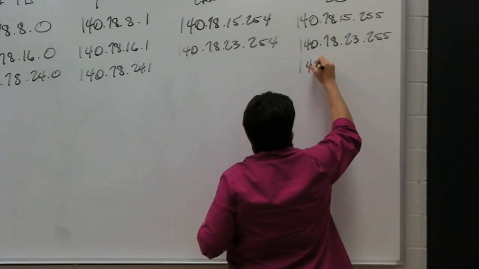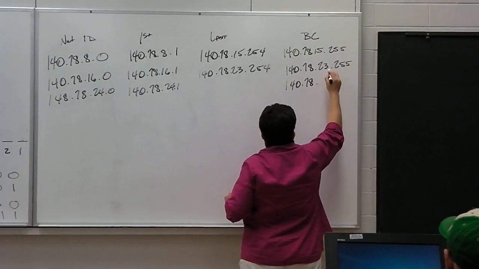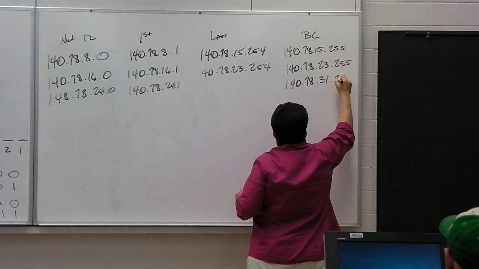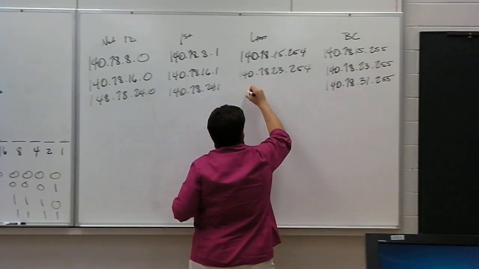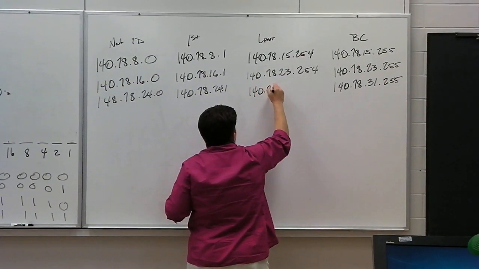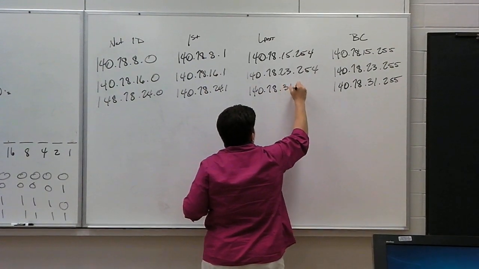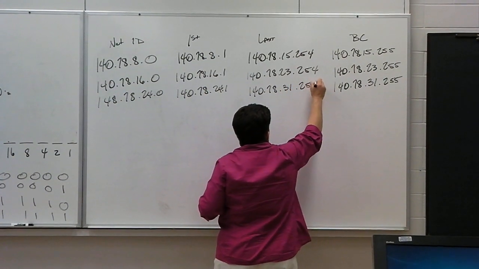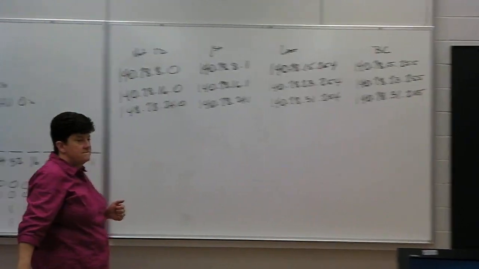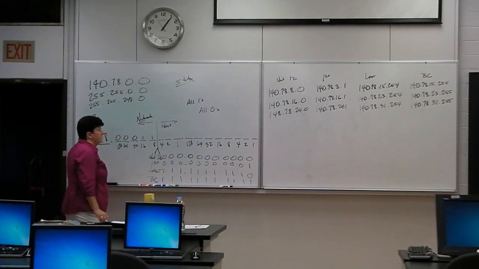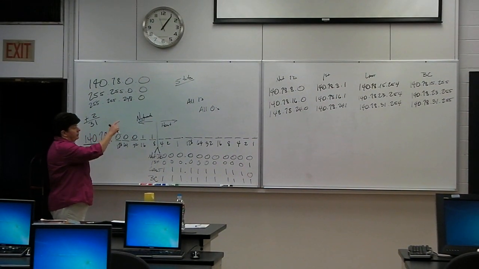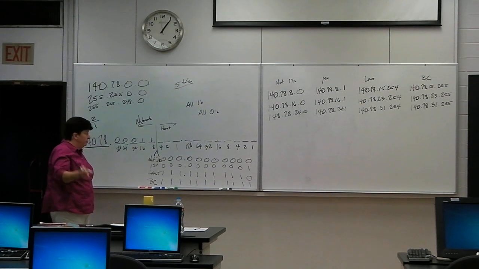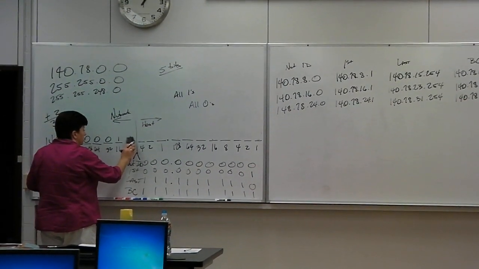Hold on, do that again. 140.78 dot. Which makes this. Right? So that's the 1, 2, 3. I gotta write the number 4 in binary here.